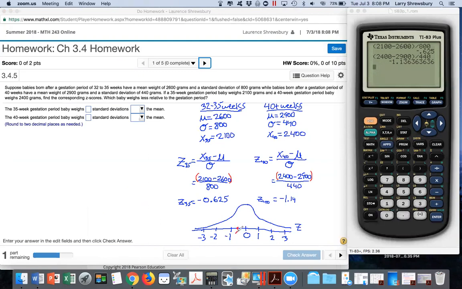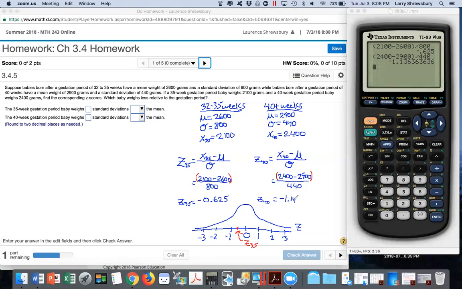So that right there is our Z35. So you can see, for its population, it was just a little more than half of a standard deviation below its mean.